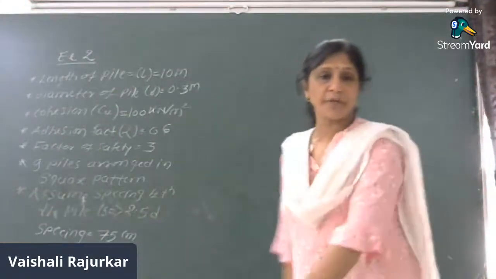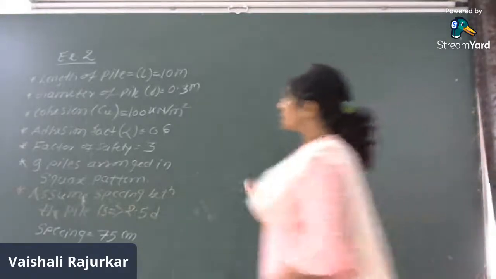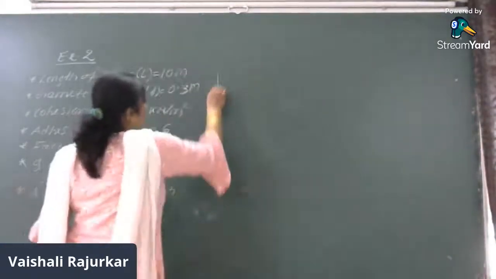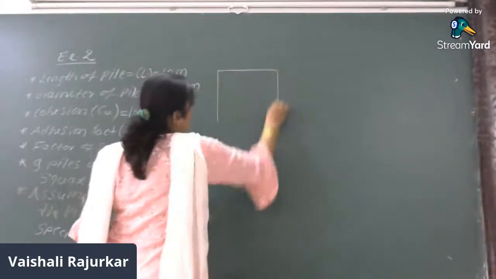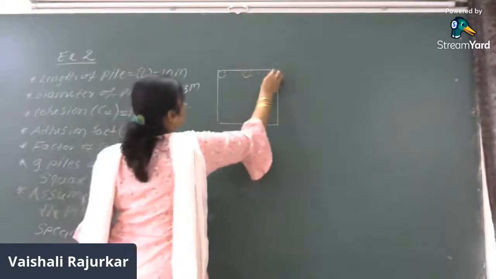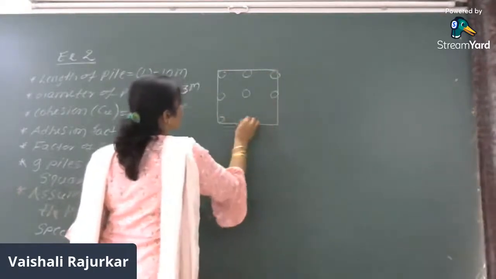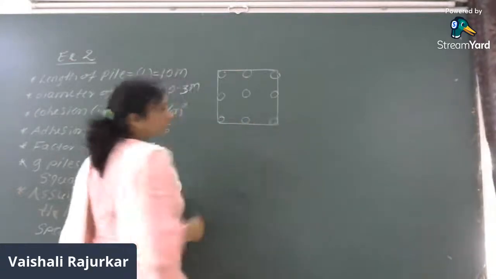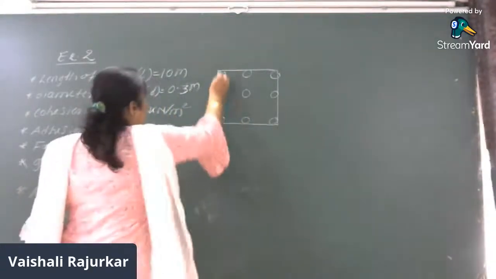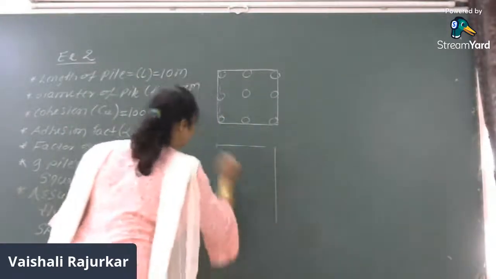Now here we are just calculating the load carrying capacity of a pile group. So here we will just take it into consideration. This is the group of the 9 piles: 1, 2, 3, 4, 5, 6, 7, 8 and 9.